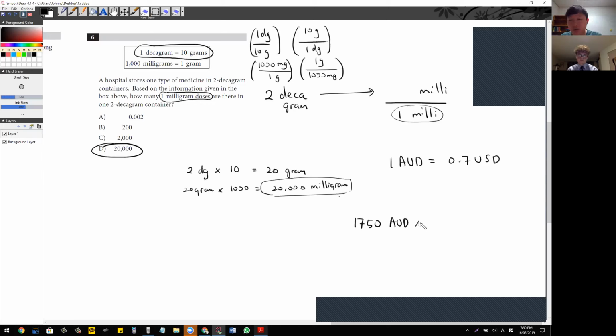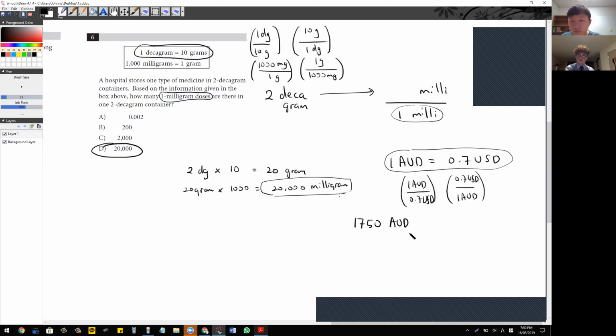So how do we know when to divide by 0.7 and when to multiply? It's very simple. When you have a unit identity like this, you construct this fraction: either 1 AUD over 0.7 US dollar, or 0.7 US dollar on top and 1 AUD on the bottom, okay?